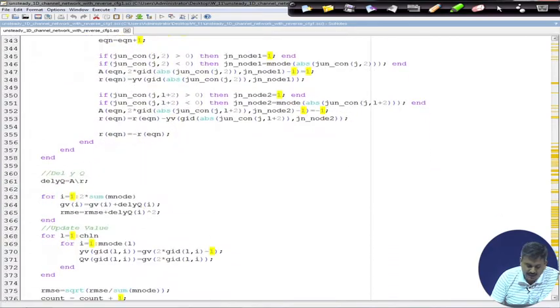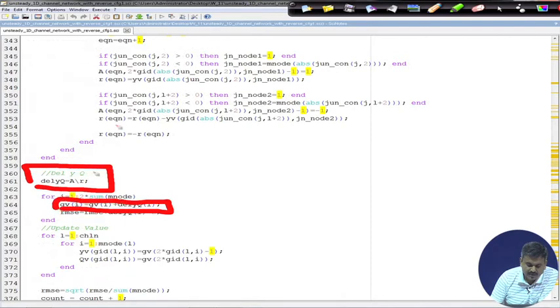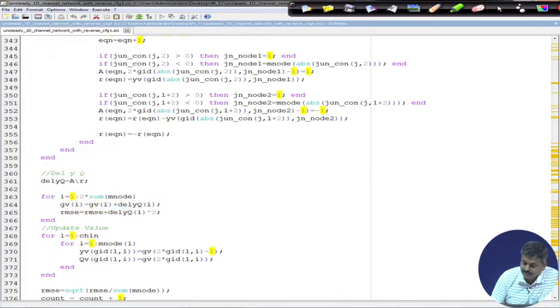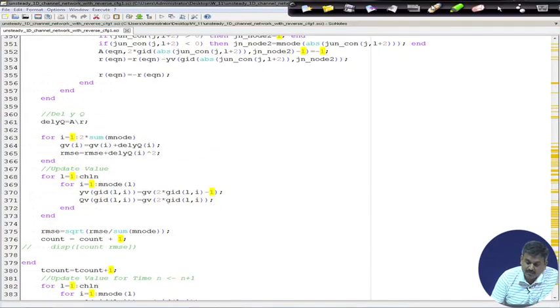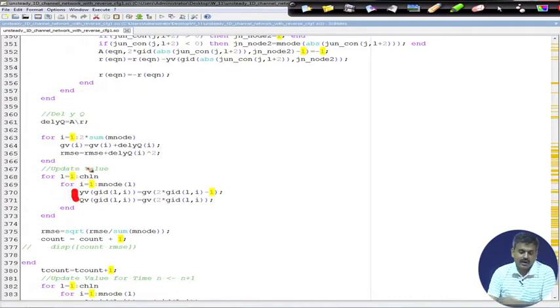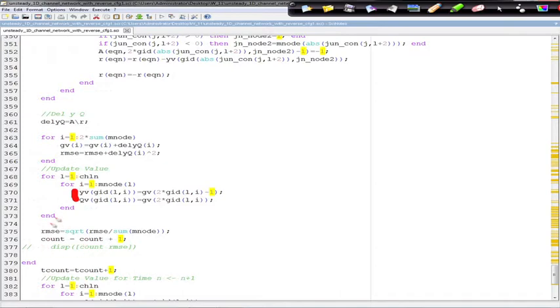Now, after writing this, finally what we have to do? We have to calculate this del yq, and we have to add this del yq with gv. gv is the general variable in our case. After adding this, we need to update these values, because the updated values should be transferred to yv and qv, so that we can utilize them for the next iteration.